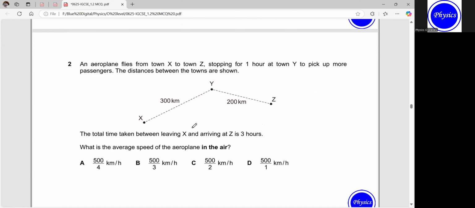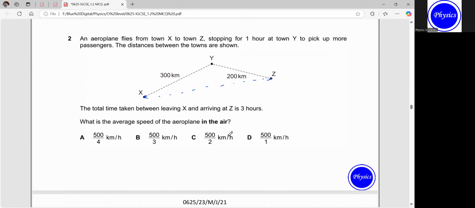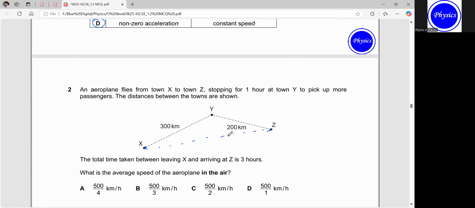A plane flies from town X to town Z. Actually it's going from here to here, and the displacement is something like that. But it stops for 1 hour at town Y to pick up more passengers. So instead of going directly, it has to go through another town.